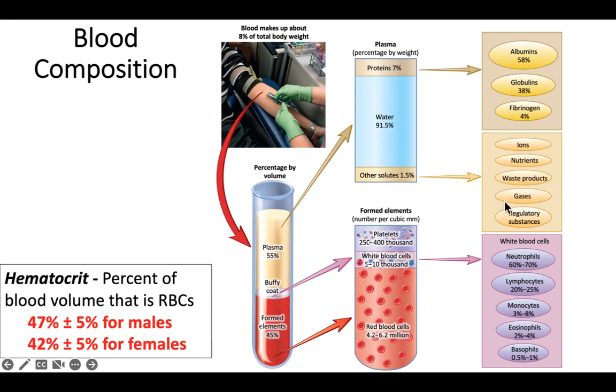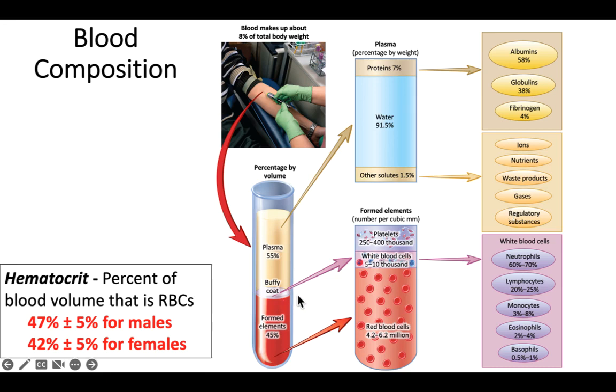This is a little confusing because most of your gases, like oxygen, are going to be in your red blood cells. But there's going to be a little bit of oxygen in the plasma, and a little bit of carbon dioxide in the plasma. And then regulatory substances would be things like hormones. All those hormones from the previous chapter are found in the plasma portion of your blood.